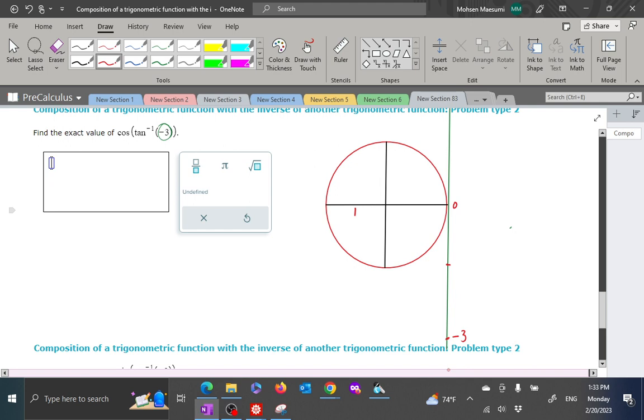What is tangent inverse of -3? What you do is connect from the origin to this location. This is theta. Theta is equal to tangent inverse of -3. Why not other choices?